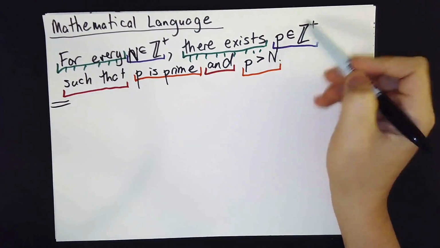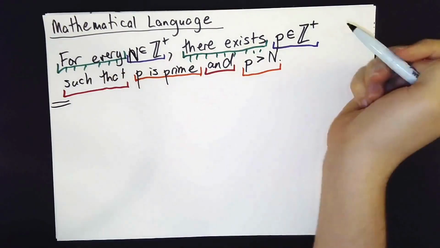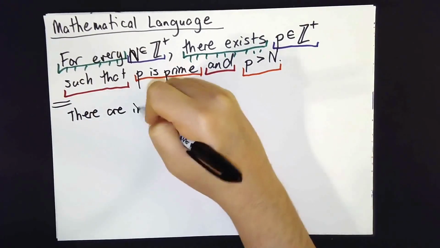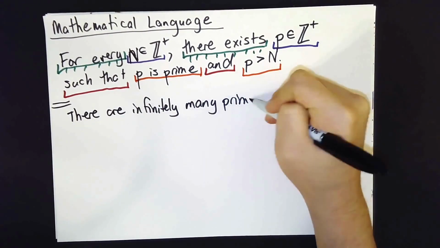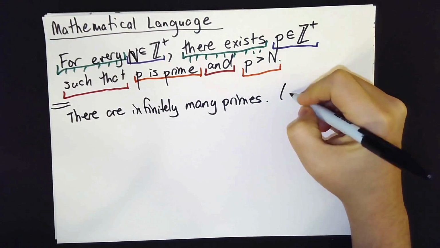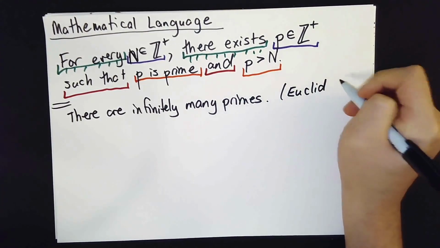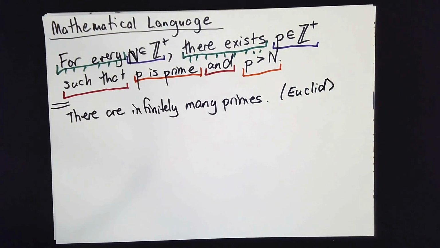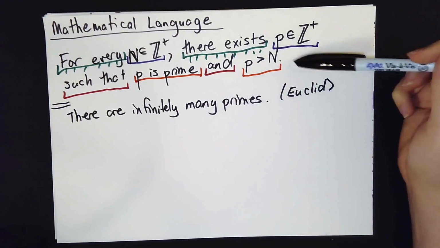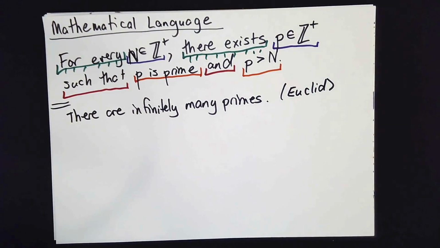But what this mess actually says is exactly equivalent to the statement that there are infinitely many primes. So this is the theorem of Euclid from 300 BCE that we talked about in the last video. And hopefully by the end of this week where we talk about all of these pieces, if you don't see now exactly why that's what this says, you'll see it by then.